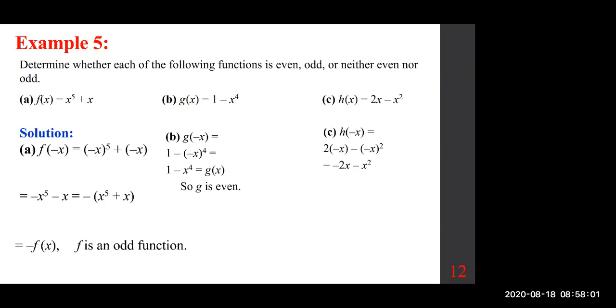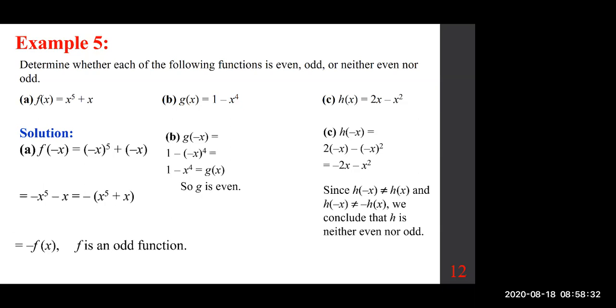It doesn't look like negative h of x, so it's not an odd function either. So it's important to see what's going on here. Odd, even, or neither. Generally speaking, when it's a combination of the two, it's neither.